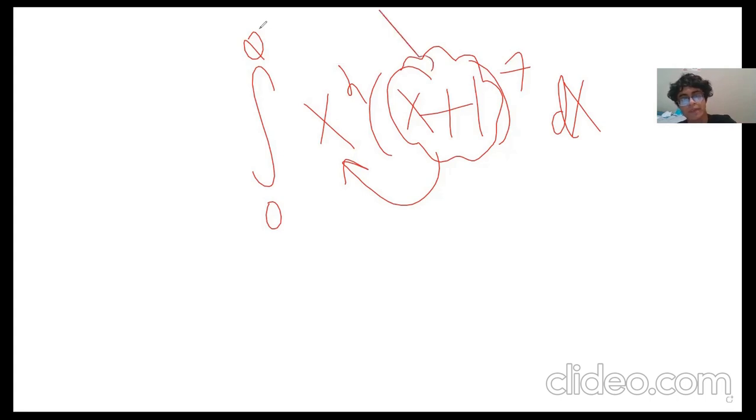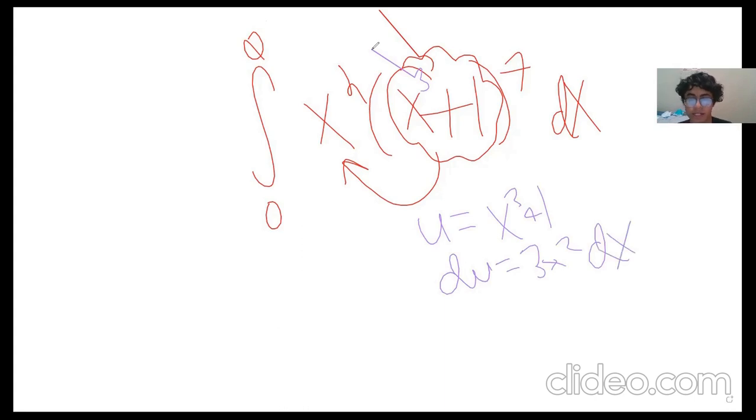Let's try one where the power here is 3, right? And then here you see that as soon as you decrease the exponent of the x cubed to do the u sub, say x cubed plus 1 is u, du equals 3x squared dx. Always make sure you're paying attention to changing the differentials.